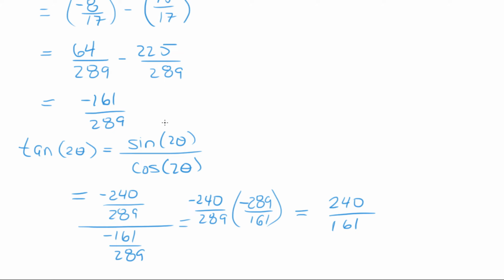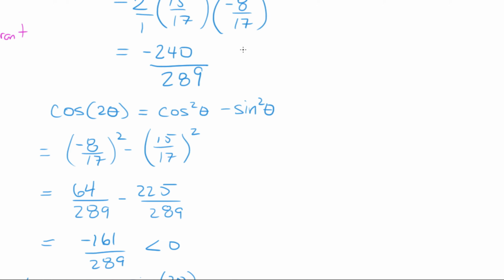Now, since both cosine and sine are negative, right? That means that 2 theta is in the third quadrant.